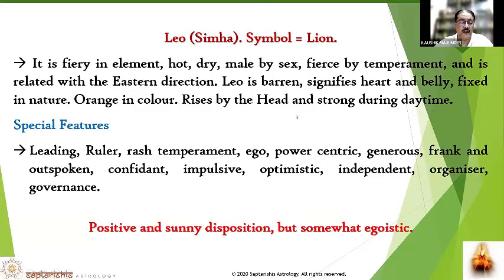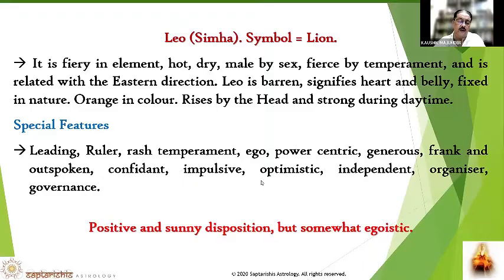Special features of Leo. They are a born leader. They are leading, rulership, may have rash temperament. Ego is one of the primary characteristics of a Leo born person. They are power centric in general, generous, frank, and outspoken, confident, impulsive, optimistic, independent, very good organizers, and governance.